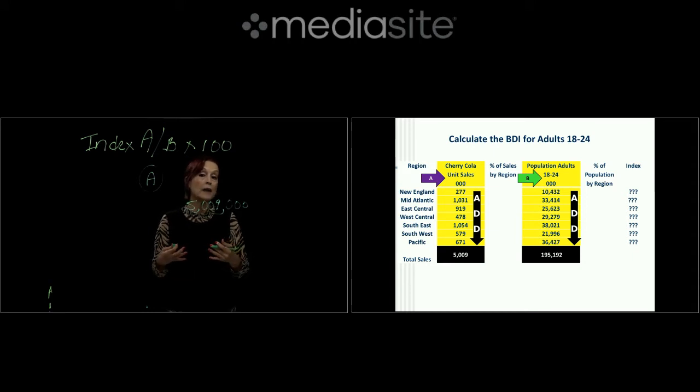Now, the total unit sales will be your base to calculate the percentage of sales in each area that we outlined. You have to do this by taking the sales in each area divided by the total multiplied times 100. For best results, you should carry the answer to at least 3 decimal places, and then you round up. So let's focus on the first one, New England.